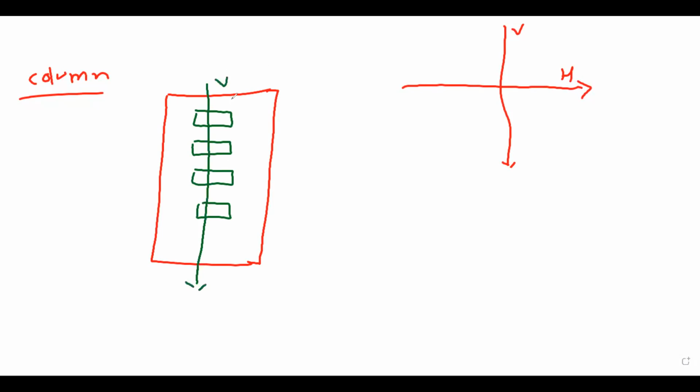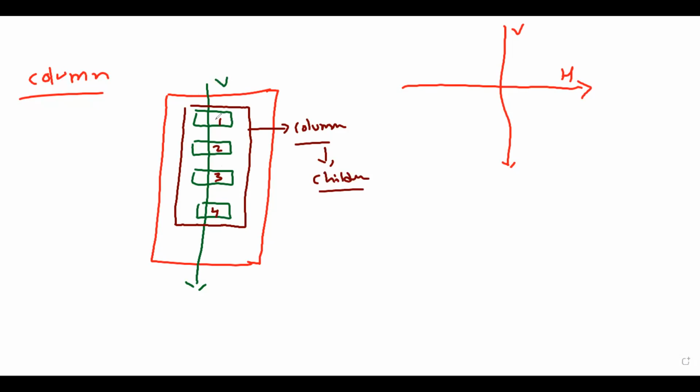So all these children will be wrapped into the column widget. How many items are there inside the column? 1, 2, 3, 4 items. So these are the children.